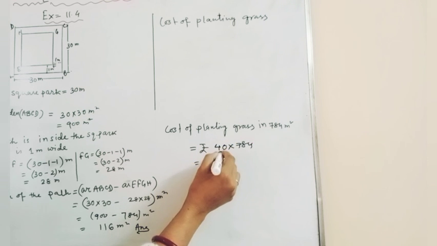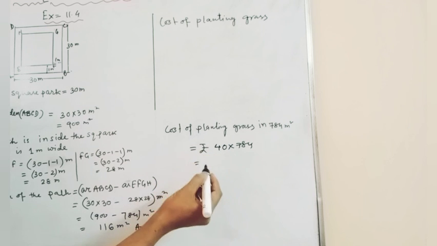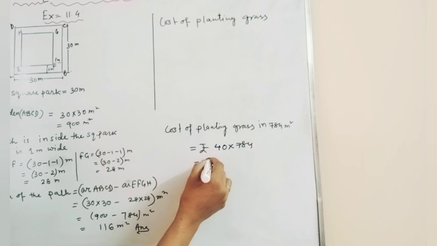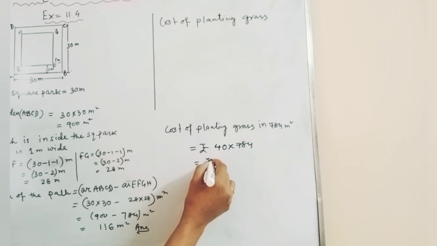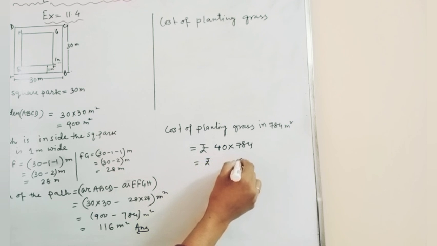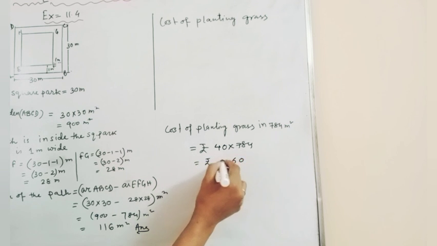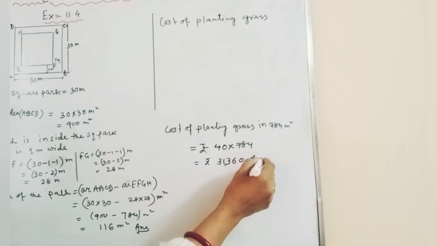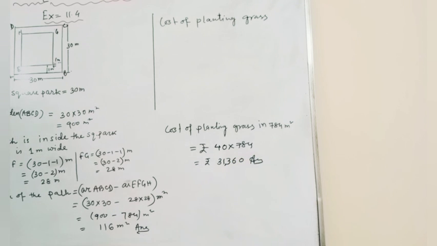From your question you can see that it is rupees 40 per meter square. If you multiply these, you will get 31,360 rupees.